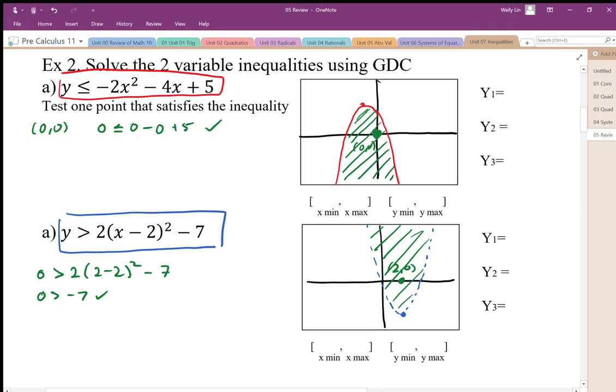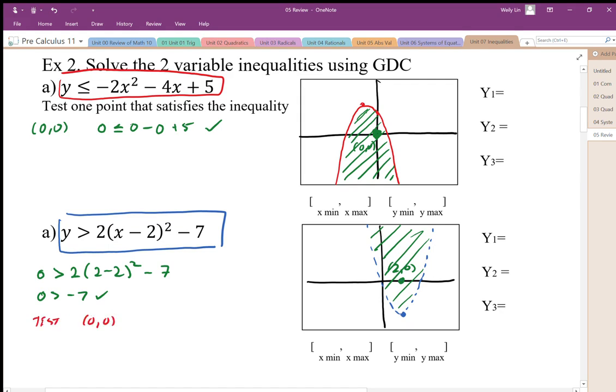And again, if I test some point under that, outside here or below, none of those points will work. We could check to see if 0, 0 is in fact part of the solution region.